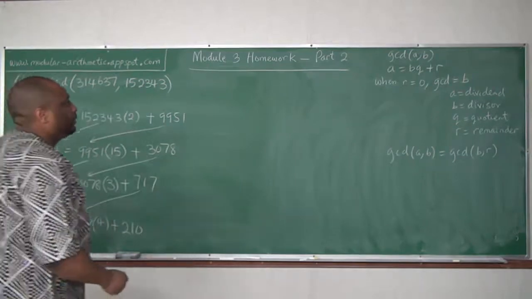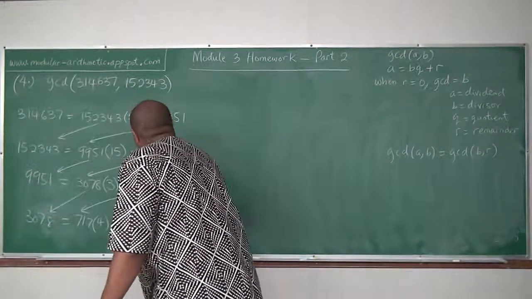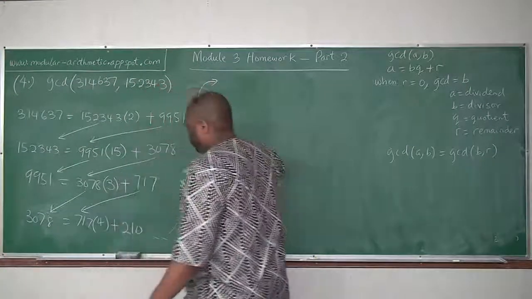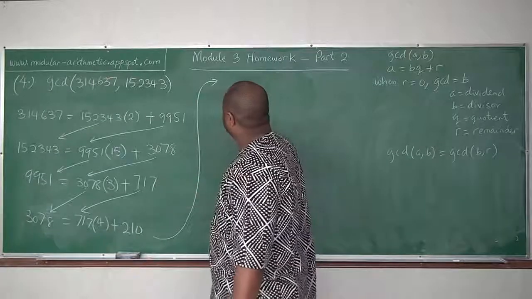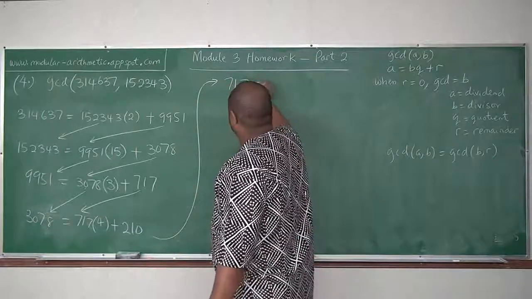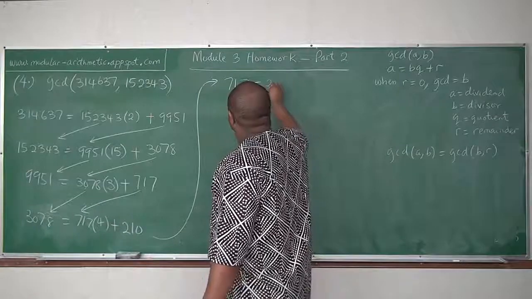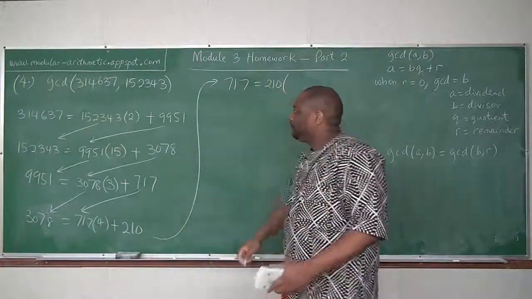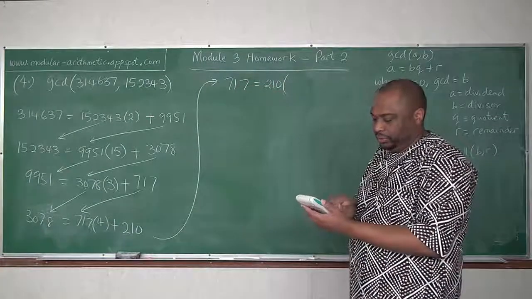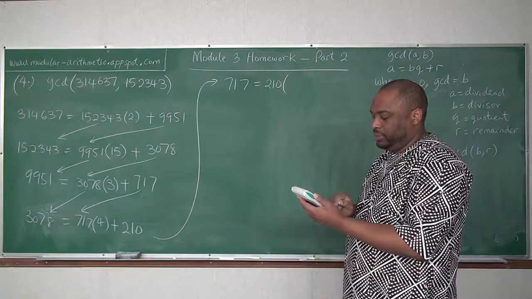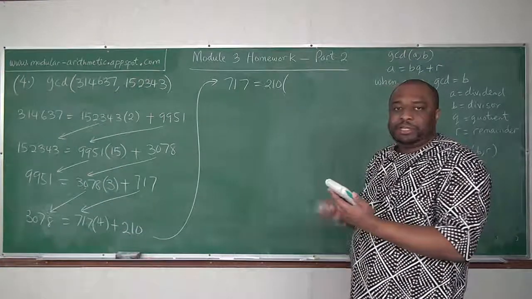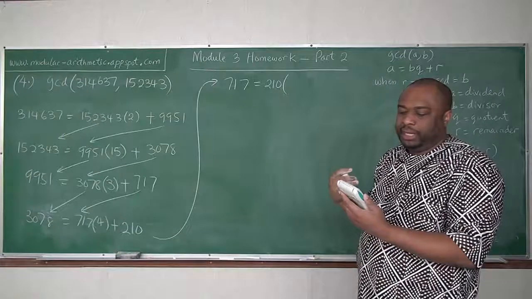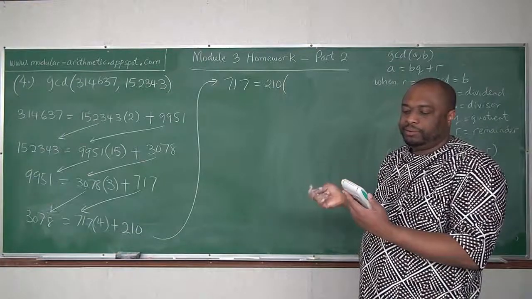Okay? Then we continue. The next one will be 717 equals 210 times what? So we do 717 divided by 210. It gives us 3.414285714.